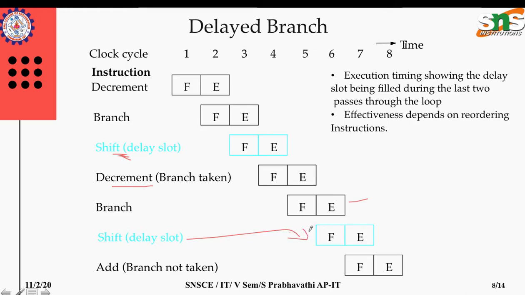The shift is happening and we are utilizing that delay slot because of that shift instruction, and after this execution, in the next cycle 7, this add instruction gets executed. So because of rearranging the instructions, we could avoid these slots. Okay, so that's the concept of delayed branching.